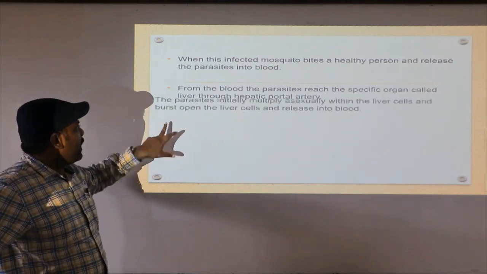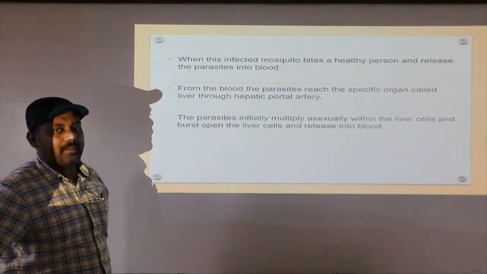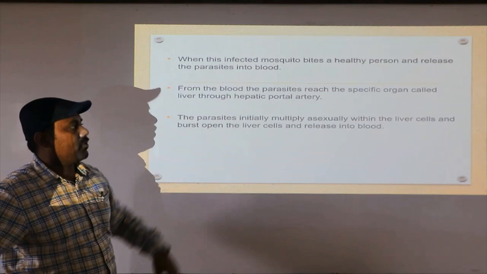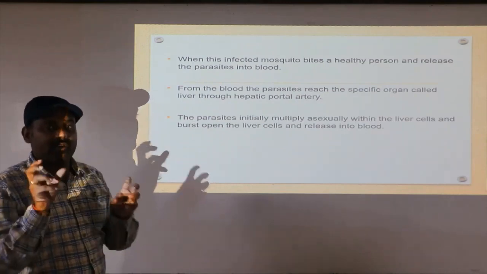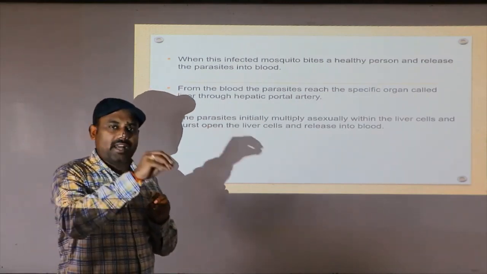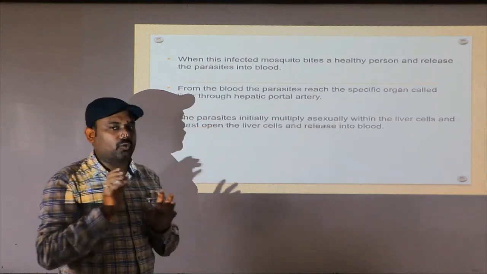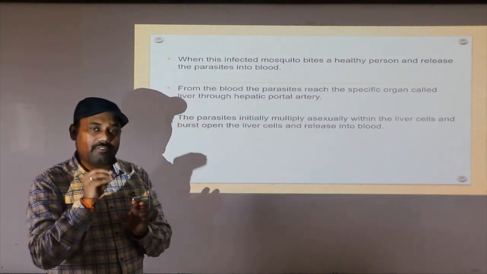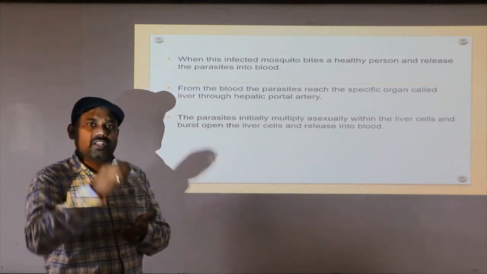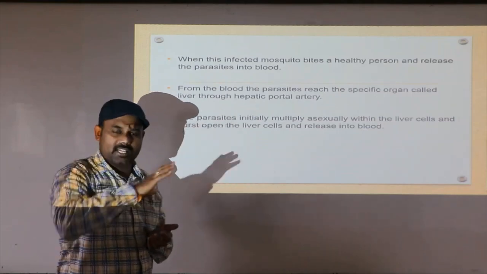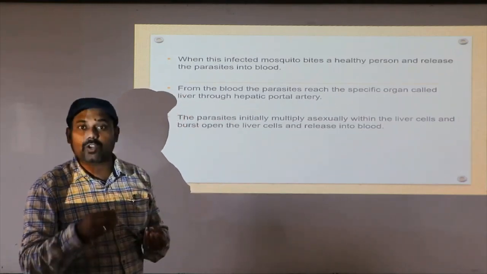Next, the parasites initially multiply asexually within the liver cells. When these parasites reach the liver through the hepatic portal artery, they accumulate within the liver cells, that is hepatic cells, hepatocytes.